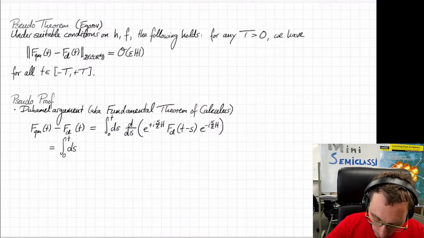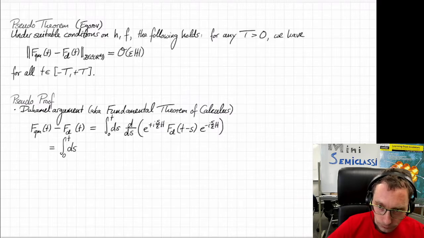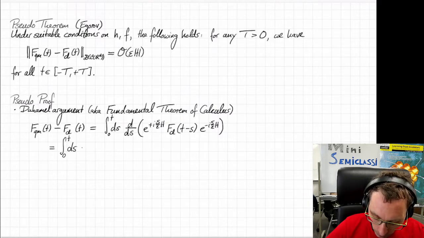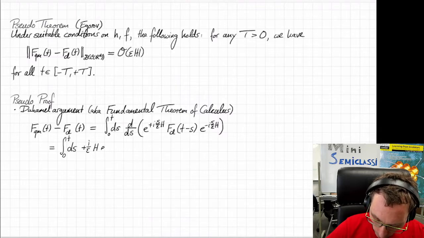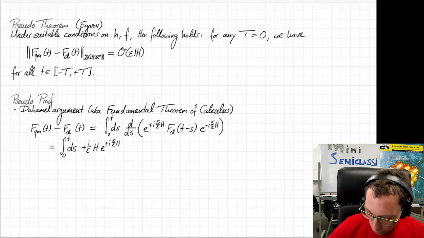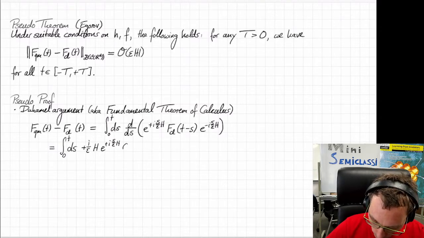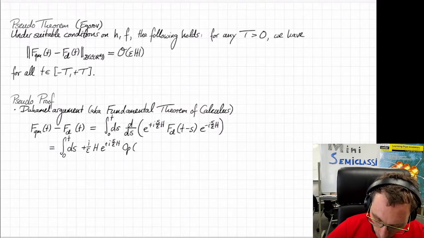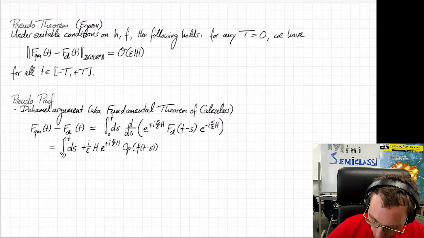Okay, so the first term that we get is plus i divided by epsilon h times e to the plus i s divided by epsilon h. Now let me just write out f classical. So that's the quantization of f of t minus s, e to the minus i s divided by epsilon h.